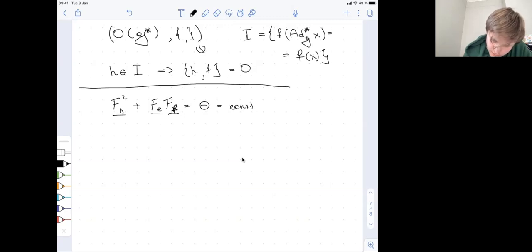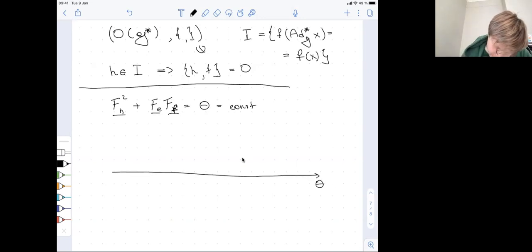It's constant. And you can see that for SL2, if you draw these leaves, when theta is 0, you have a very special leaf, which is the nilpotent cone, and it's singular. And actually here you have 2 coadjoint orbits. The one is 0, which is closed, and this is just a stationary point of the action, and all the other is the open orbit of the nilpotent element 0, 1, 0, 0.